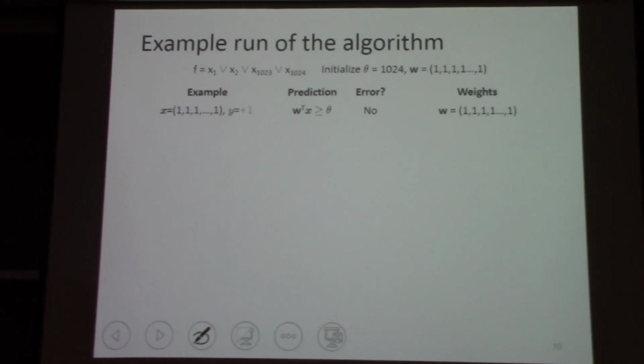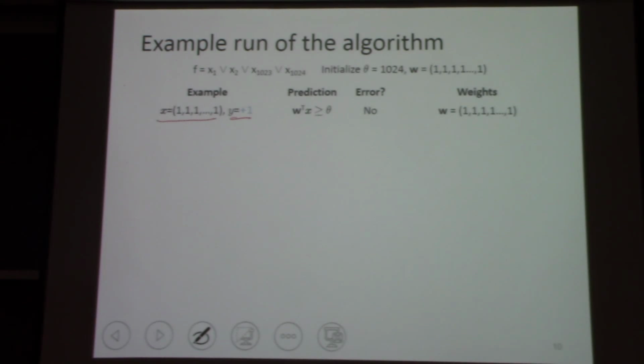So to start off, we initialize our weight vector to all ones and the bias to the dimensionality, which is 1024. An example comes in. Let's say the first example is the example with all ones, and it turns out it's a positive label. Not surprising because it's a disjunction. Now you first predict.